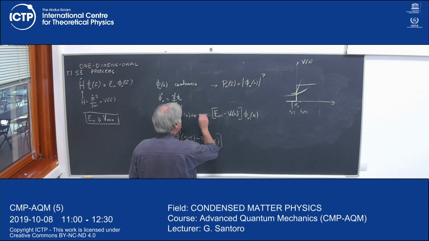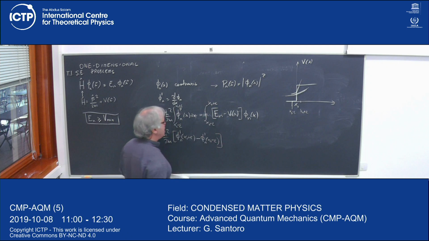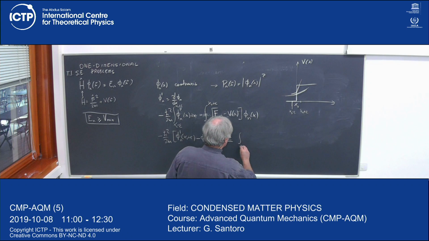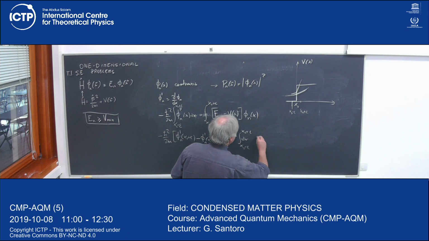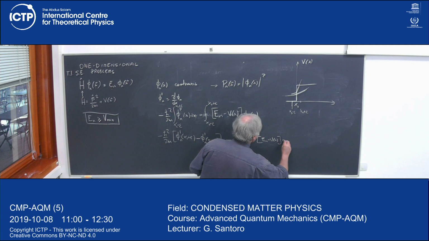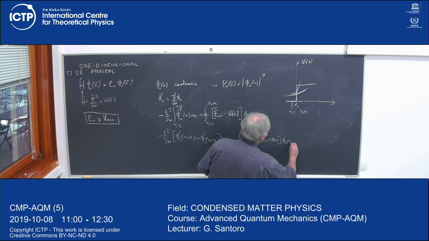Obviously, I have to integrate the right side as well from x0 minus epsilon to x0 plus epsilon. So this is equal, according to the equality above, to the integral of E n minus V of x times phi n of x.